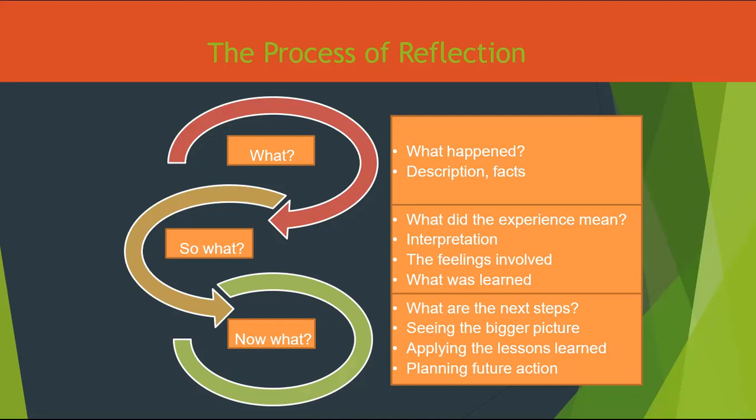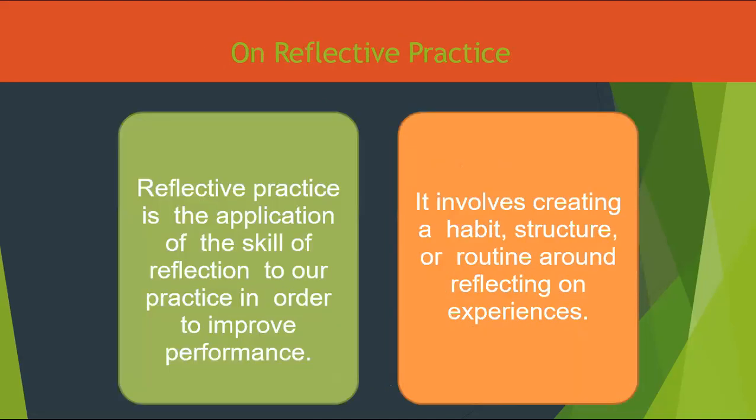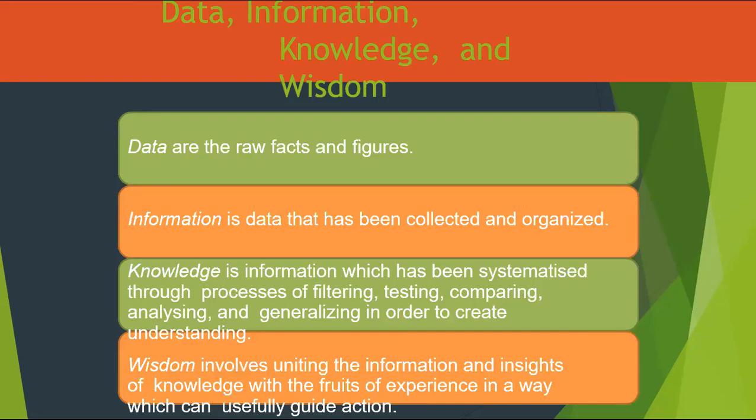These are all the processes of reflection. Reflective practice is the application of the skill of reflection to our practice in order to improve performance. It involves creating a habit, structured or routine, around reflecting on experiences. Then data, information, knowledge, and wisdom are related to reflective practice.